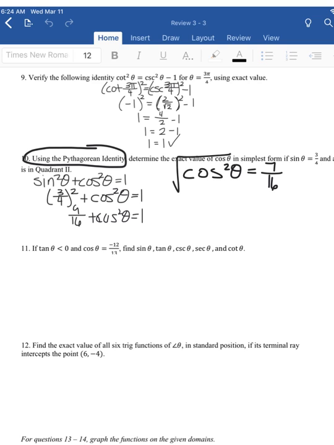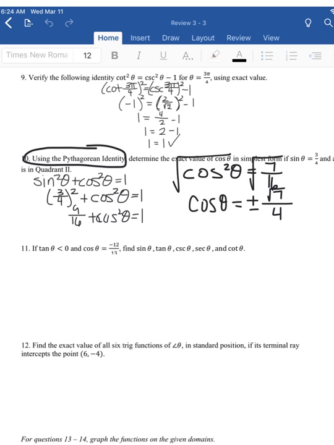And then you take the square root of both sides. So you get cosine of theta equals, whenever you take the square root, you have plus and minus. The square root of 7 is the square root of 7. The square root of 16 is 4. So cosine of theta could be positive square root 7 over 4 or negative square root 7 over 4.